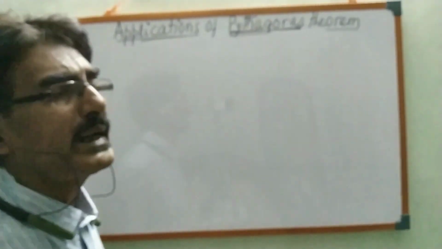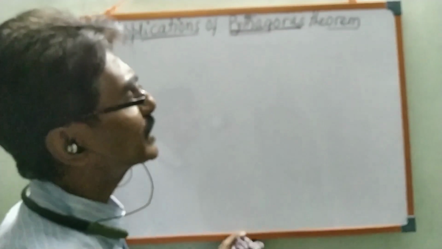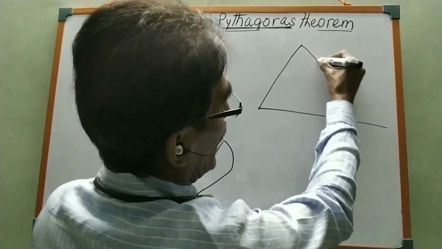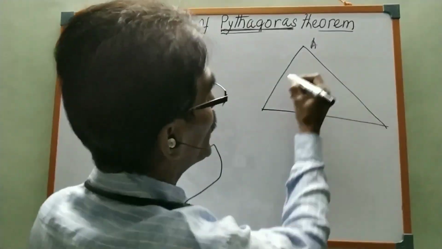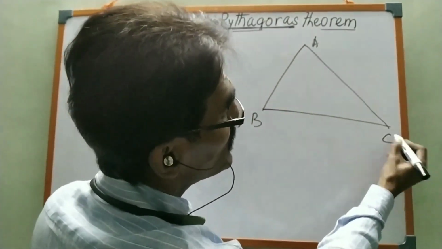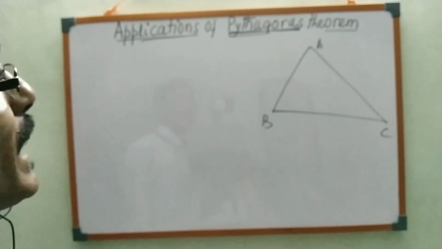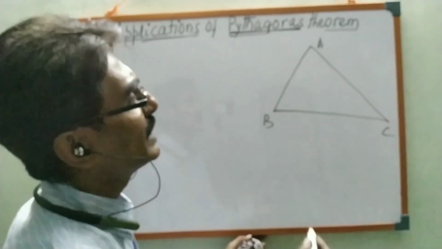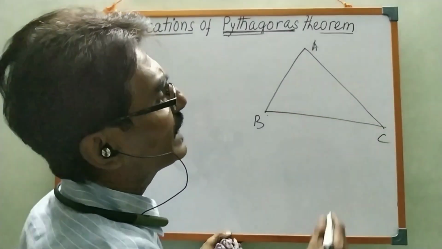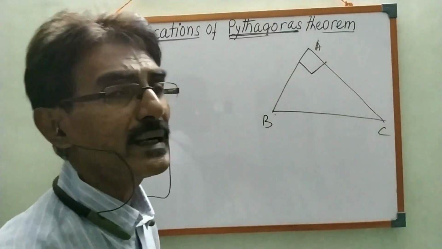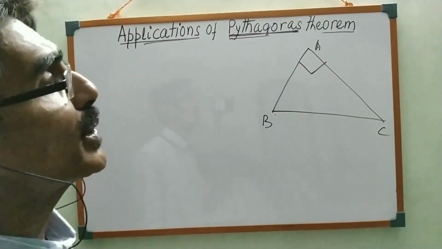Last day, the question was the same as the Pythagoras theorem proof. So what is the question? It is also given in your book. At the time of the Pythagoras theorem proof, you also did this type of sum in your book. The sum is given as an application of the Pythagoras theorem. Say ABC is a right angle triangle, right angle is at A. You see the diagram, same as the Pythagoras theorem proof.